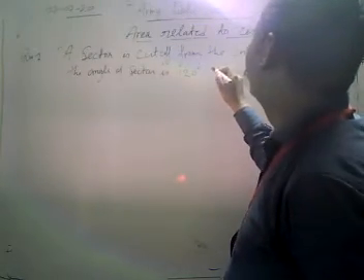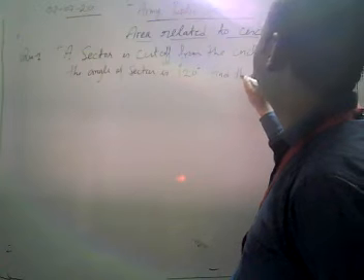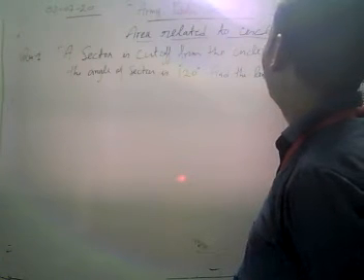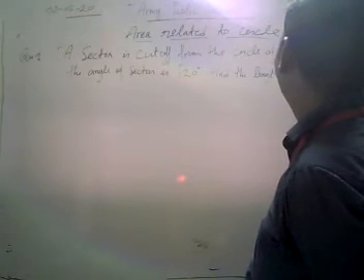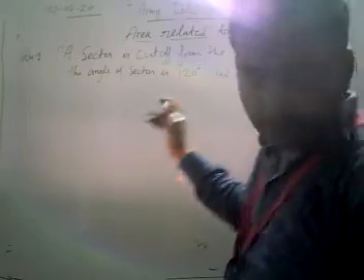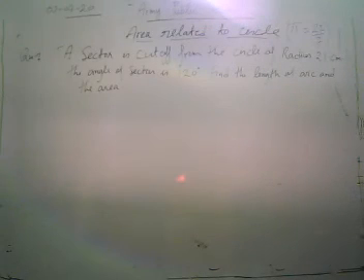Now we have to find the length of arc and the area. A sector is cut off from a circle of radius 21 centimeter.